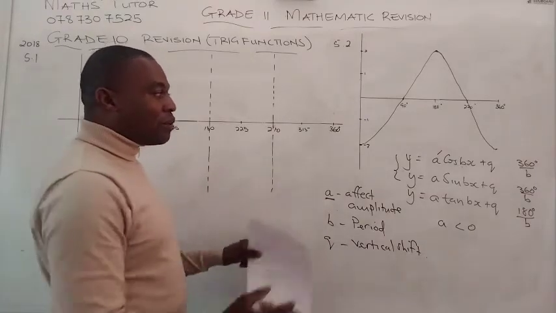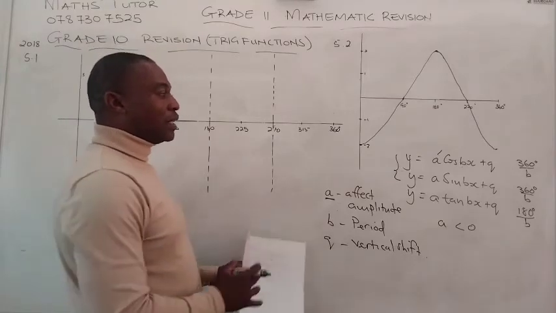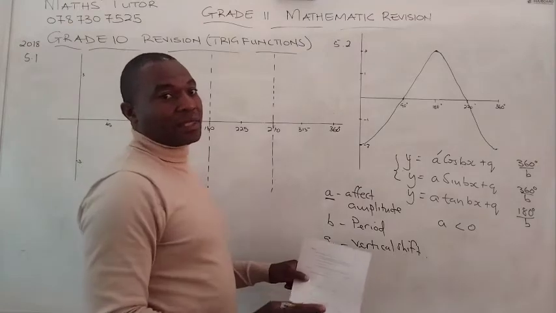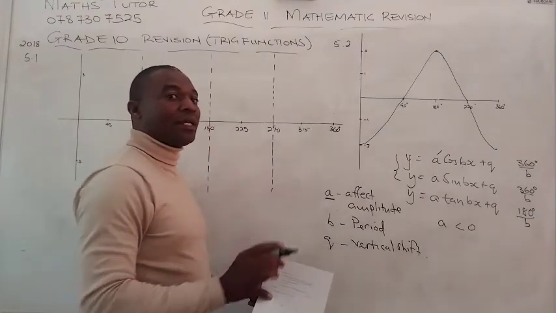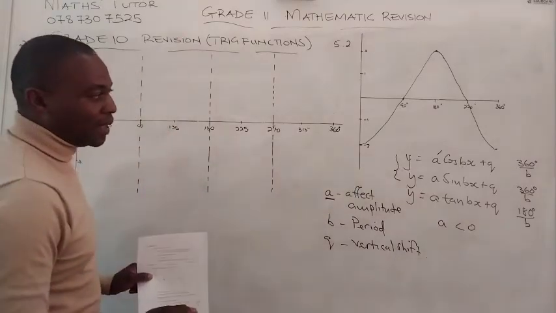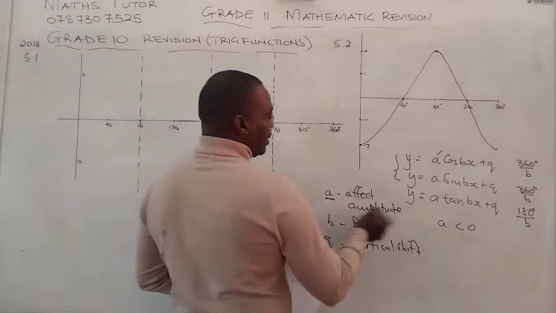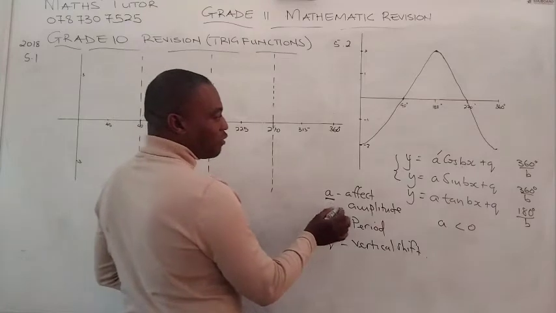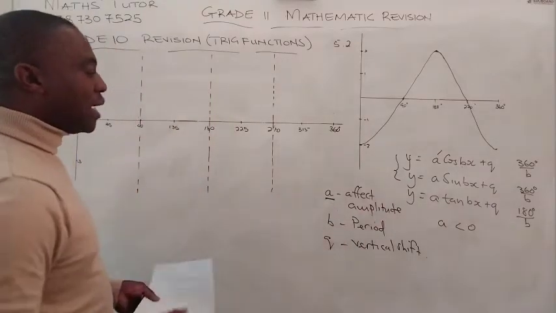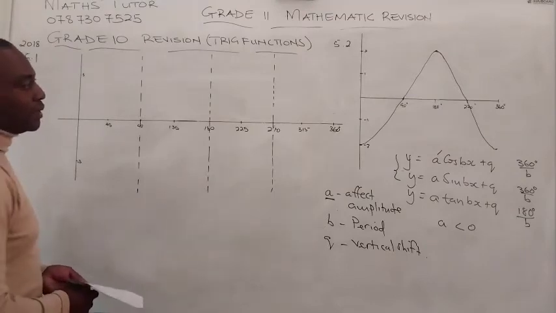So from the normal graph of y is equal to 2 sine x, if we put negative 2 there, the graph is reflected along the x-axis. So we need to know that a, as much as it affects the amplitude, if it's negative, it also causes a reflection along the x-axis.